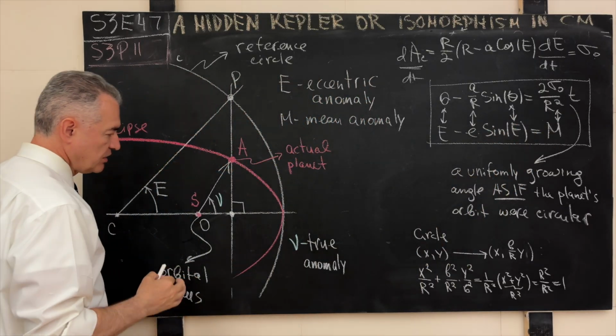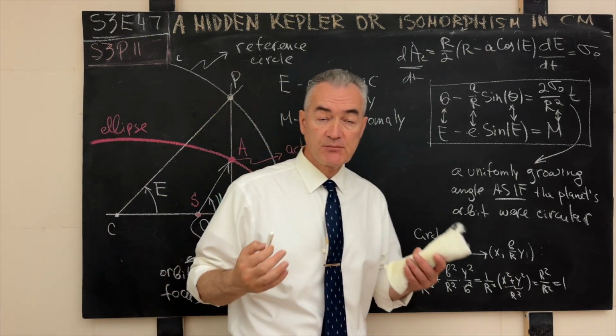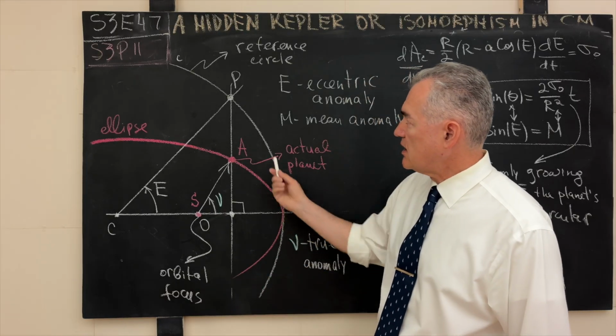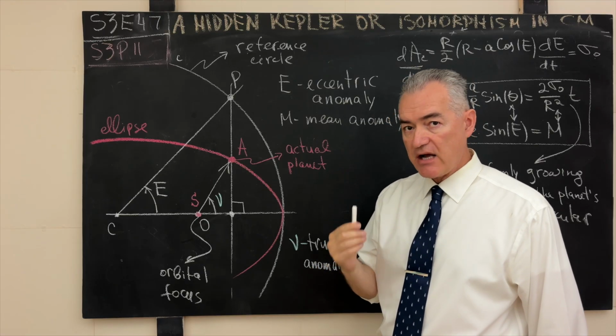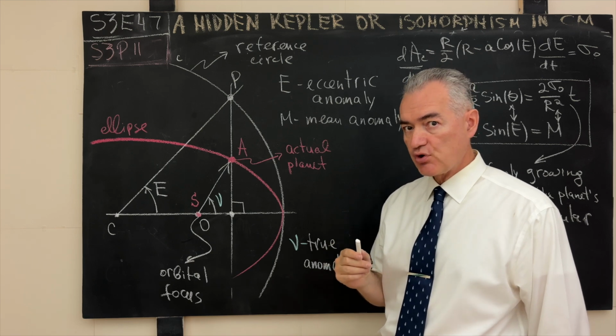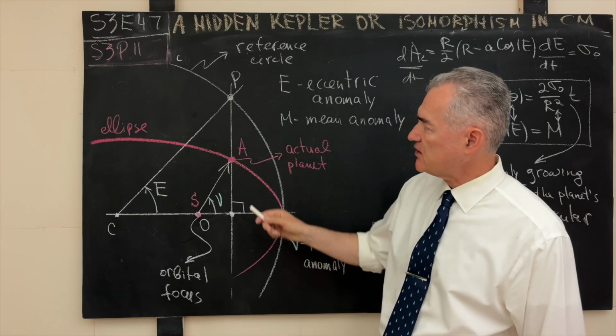So now the way in which this seemingly simple problem connects to celestial mechanics is the following. Our circle is called the reference circle, and the way in which the actual physical location of the planet that traces an elliptic orbit with the star in one of its foci is obtained is the following.